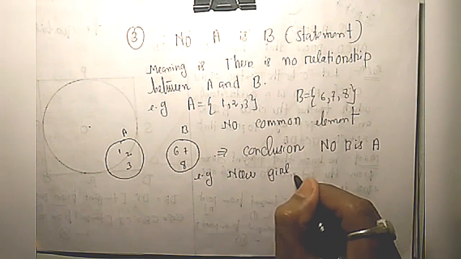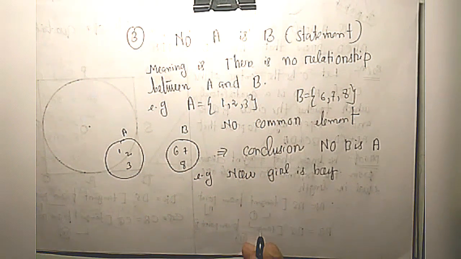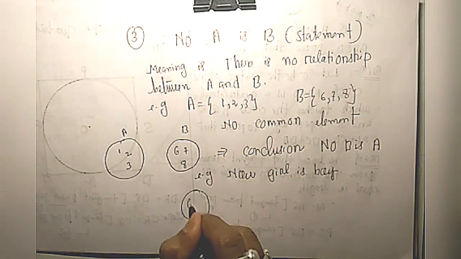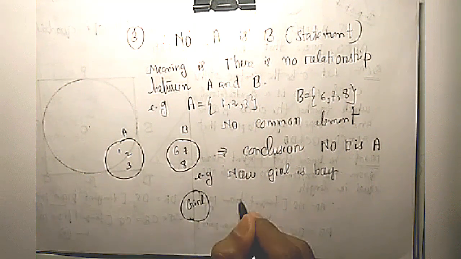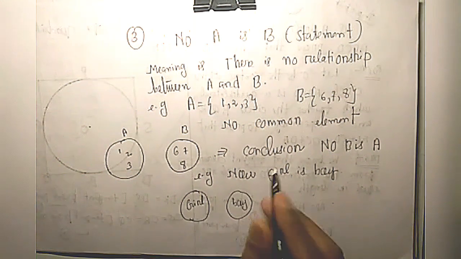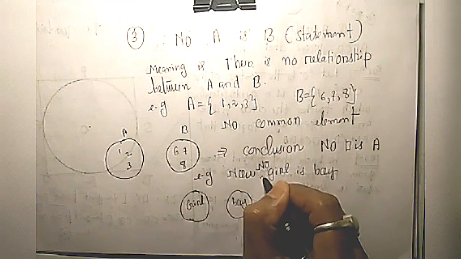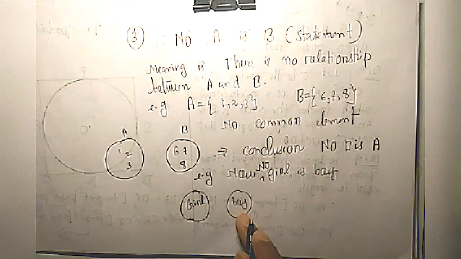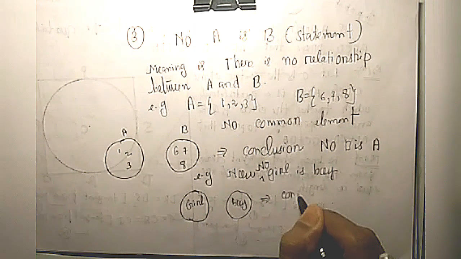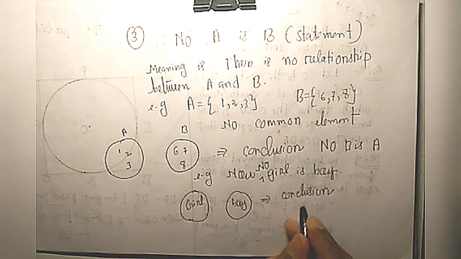Now taking one example: no girl is boy. Suppose this is circle 1 representing girl and this is circle 2 representing boy. In these two circles there is no common element. Both the circles are different. There is no common part.